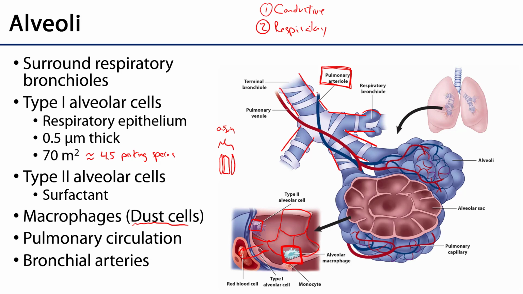And so you can see here this pulmonary arteriole is carrying very unoxygenated blood out to the capillary beds, and then this pulmonary venule is carrying very richly oxygenated blood out towards the hilum and the pulmonary veins towards the left ventricle of the heart.